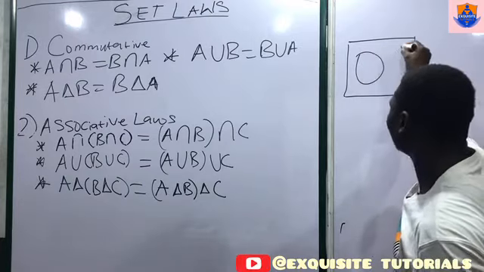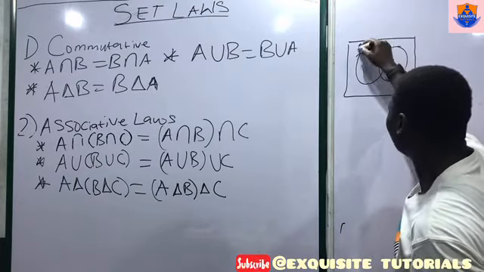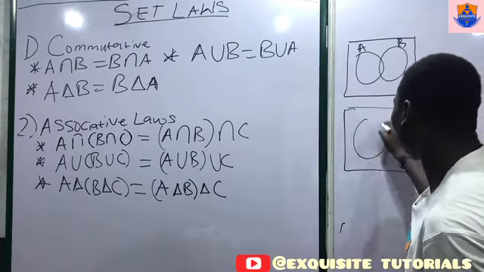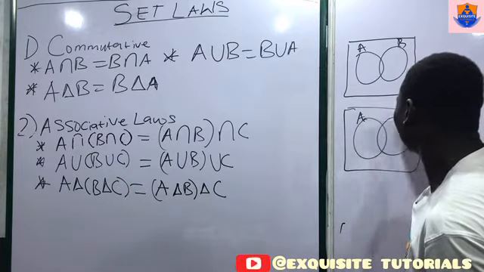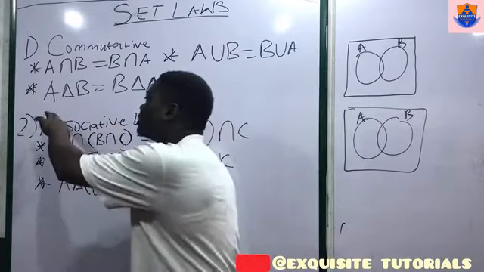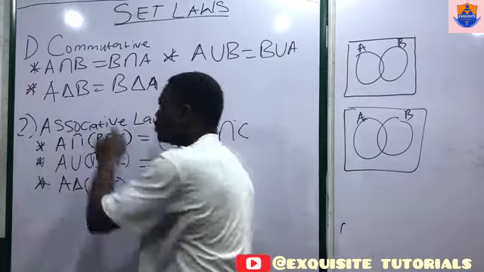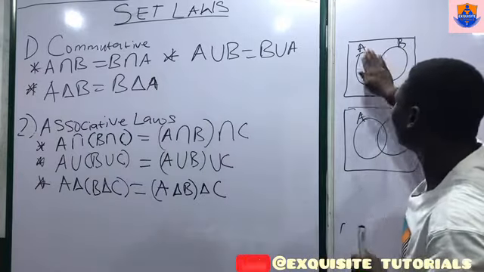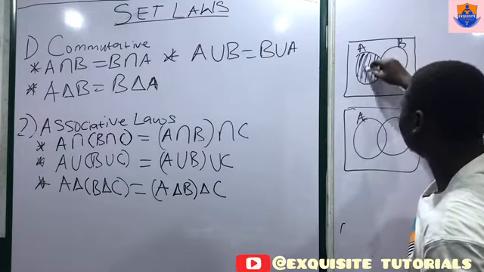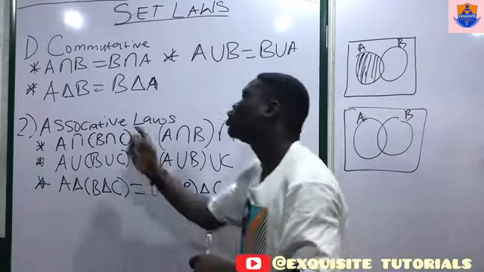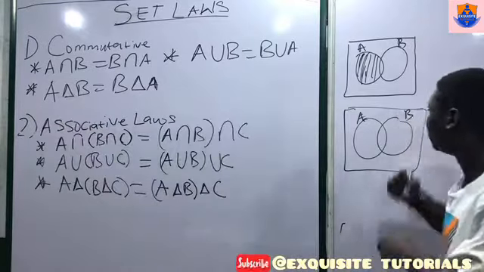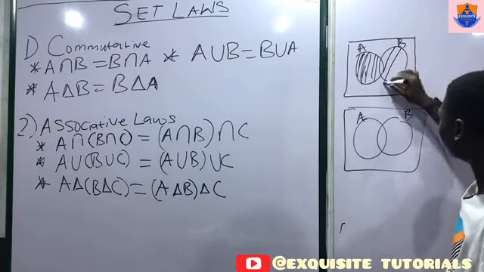If this was A and this was B, and this is A and B, A symmetric B are those elements that are in A but not in B. So the elements that are in A and not in B is this part of the Venn diagram. And adding it up with those elements that are in B but not in A, the elements that are in B but not in A is this part.